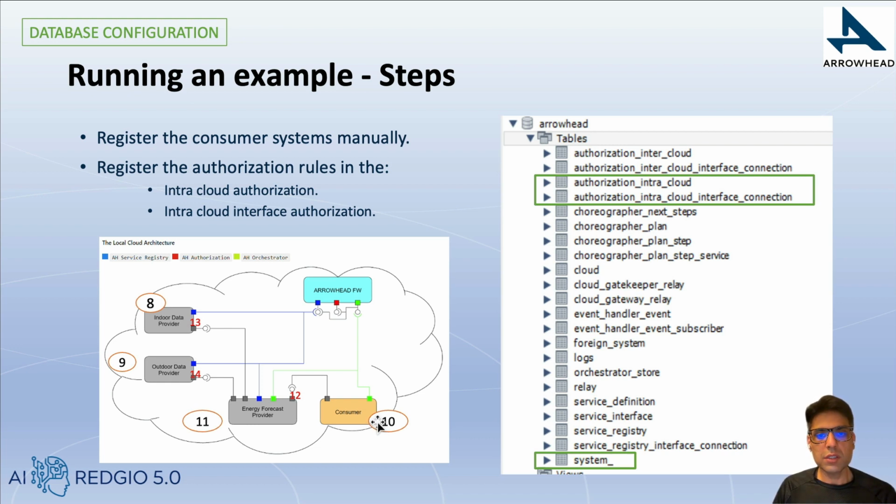So first we need to set up the intra-cloud authorization and interface authorization rules. These rules for the provider system are configured, and these entries are added into the database automatically when we run the provider system for the first time.